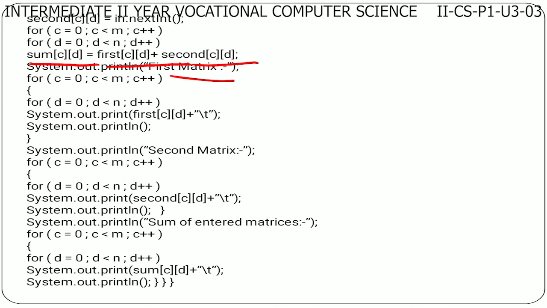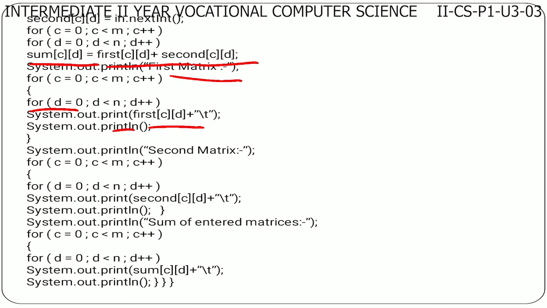After that, System.out.println("First matrix"). That is, I'm printing the matrix. For printing, for c = 0; c < m; c++. Within the for, I am again using a for. That is, this is a nested for loop. For d = 0; d < n; d++. So System.out.println(first[c][d]).